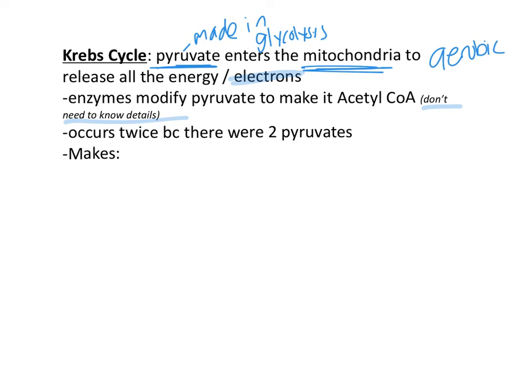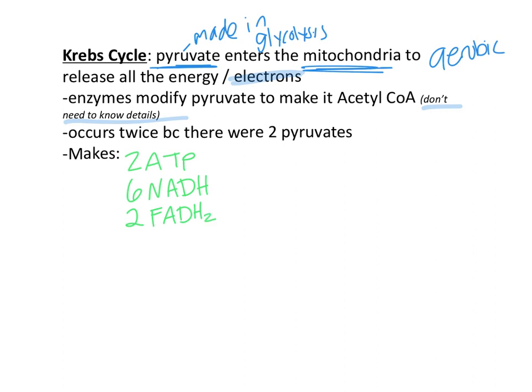During the Krebs cycle, we end up making 2 ATP. So we make some ATP, but not a lot. We make more of those electron carriers. We make a new electron carrier that we didn't see before, but it works the same as NADH.